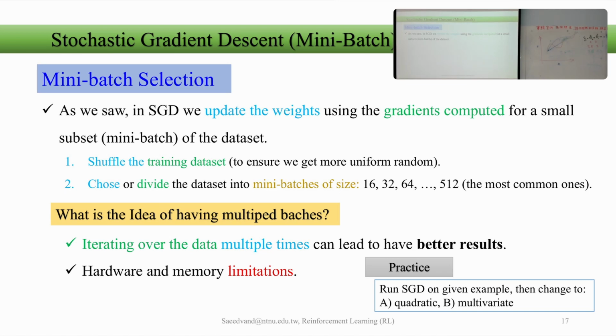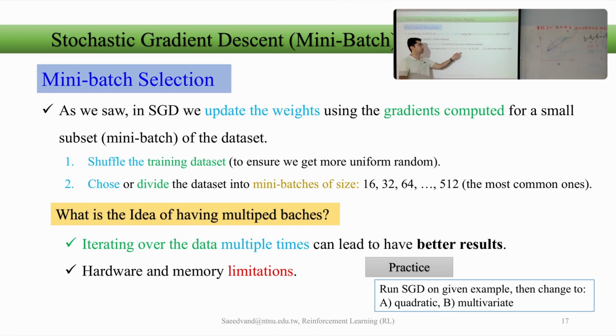So mini batch selection in SGD updates the weights using the gradient computed for a small batch size. What we usually do is shuffle the training data set to ensure it is more uniform, not like choosing one pack from one side, which is bad. Then divide the data set into mini batches.